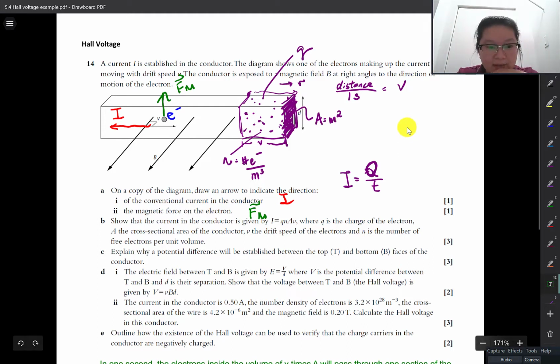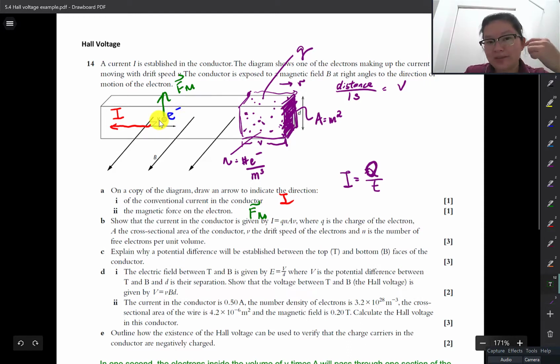Okay, so explain why a potential difference will be established between the top and bottom faces of the conductor. Essentially, as these electrons move, because it's a moving charge, there will be a magnetic force acting on these electrons due to the magnetic field.